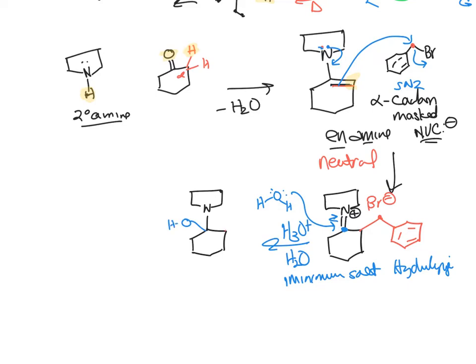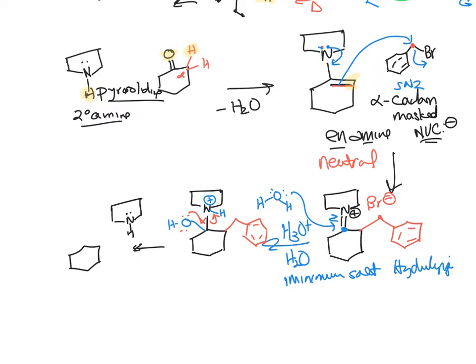Do you remember all those steps when we did like 6 steps? Deprotonate, reprotonate. This gets protonated. The carbonyl reforms here, and then the pyrrolidine leaves. So it leaves and you reform your carbonyl there and you've alkylated.